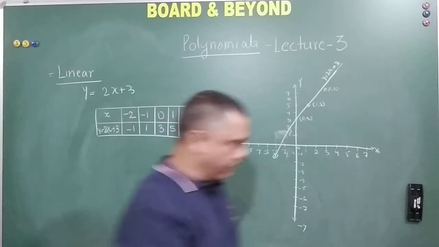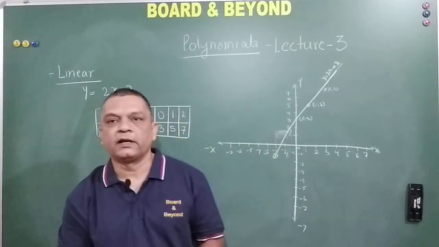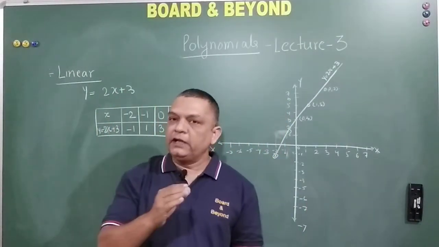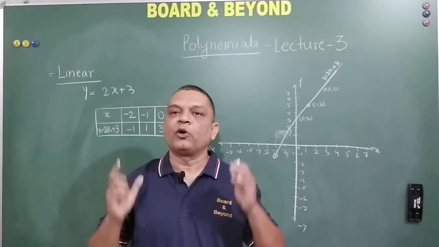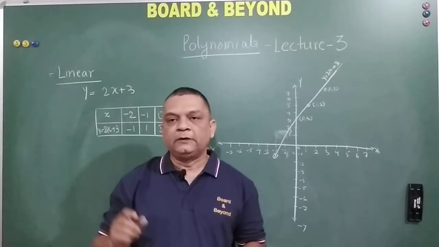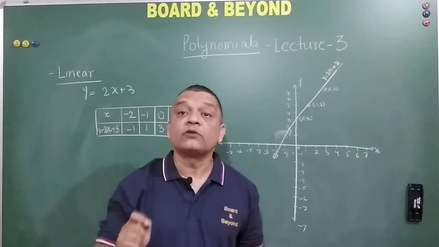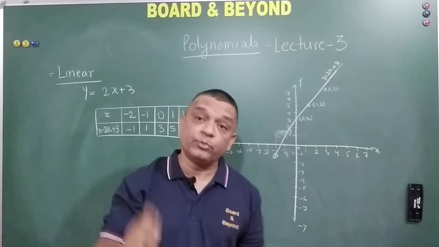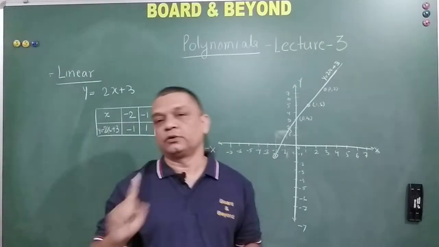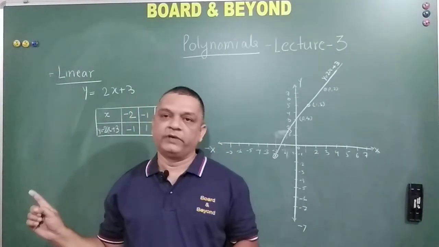Now the point which has to be observed here is that any polynomial, when plotted on a graph, when it meets the x-axis, the coordinate of the x-axis at that point where it meets is the solution for that polynomial.